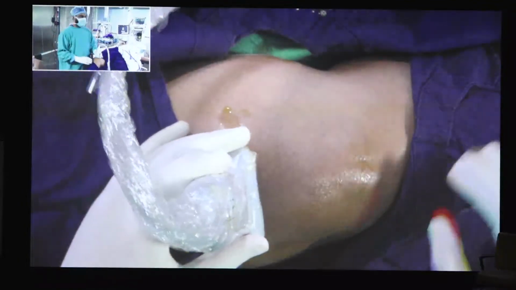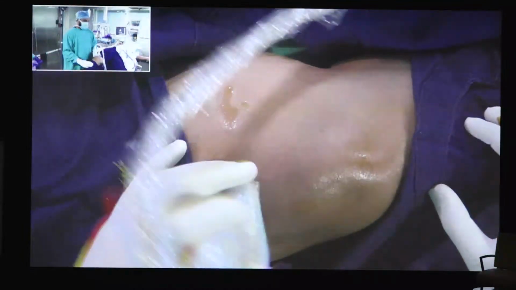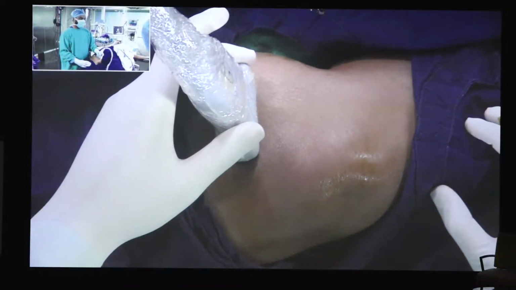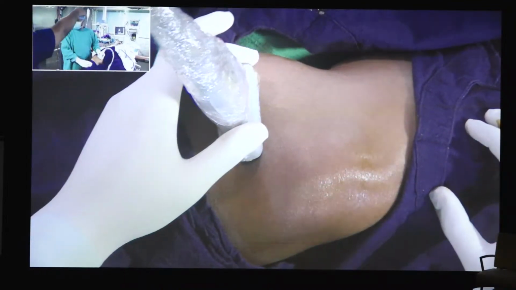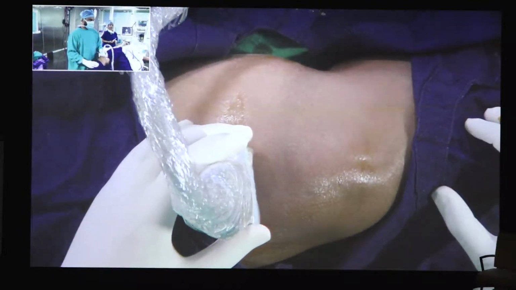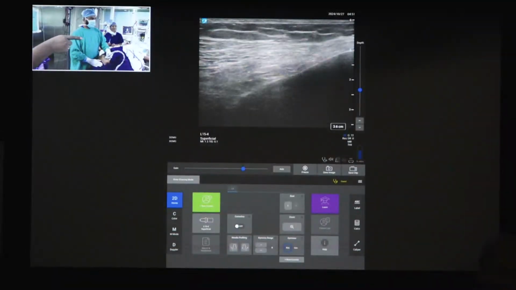So, can you all see the ultrasound image? Yes, we can see, sir. Okay. So, the ultrasound image we can't see. We can see you and the probe in the close-up, but we are unable to see the ultrasound image. Can we have the ultrasound images, please? Yeah, now we can see.